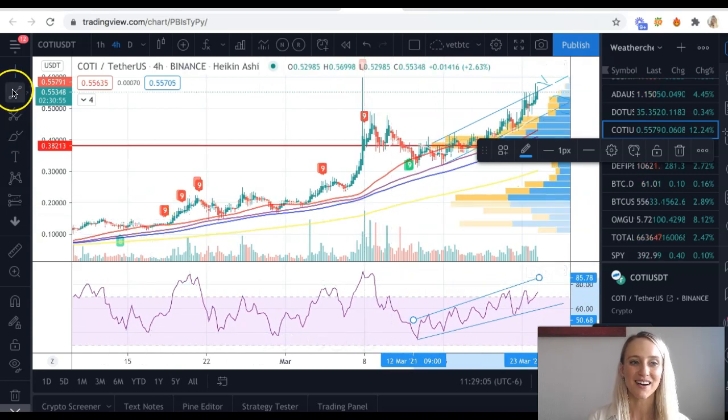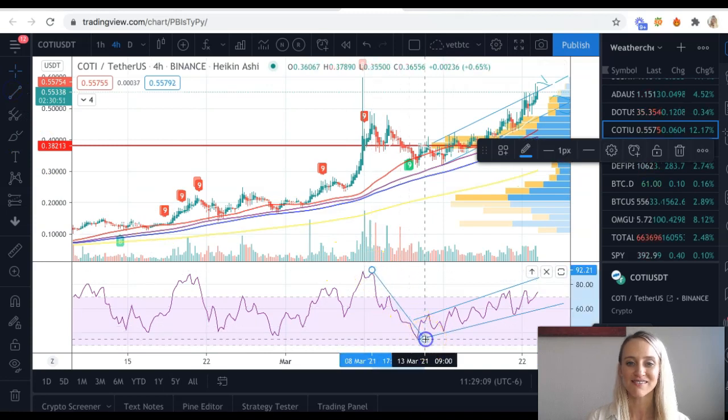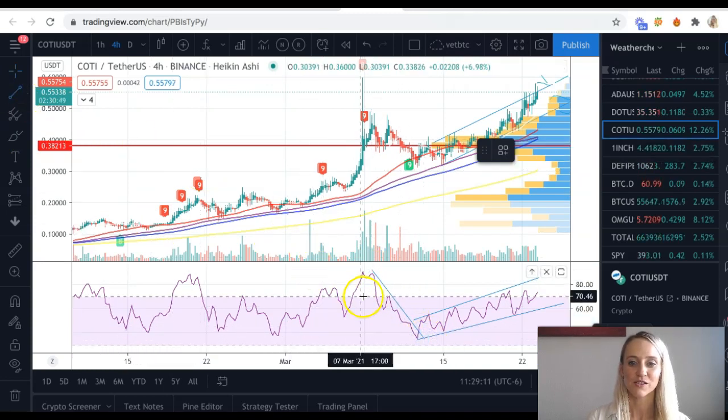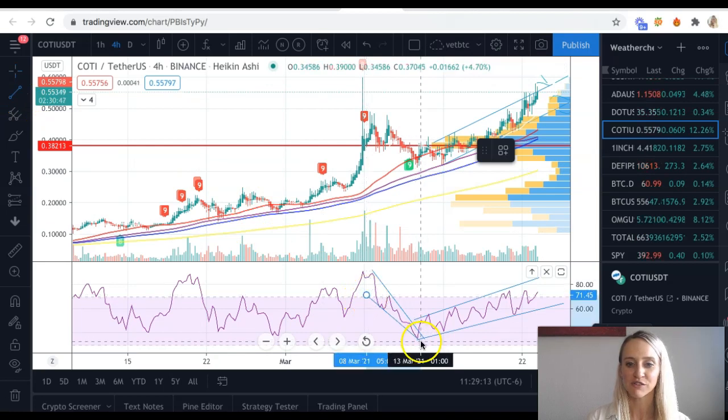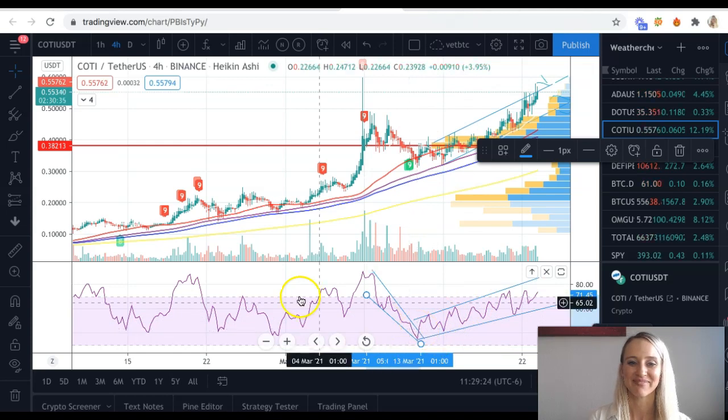Okay? Here was a falling wedge. Falling wedges have a chance to break up. So if you were to draw a pattern here and you set your alert, you would have been alerted when this broke above to know, okay, now it's in an uptrend. So you'd have been alerted right here, which would have been perfect for that uptrend.